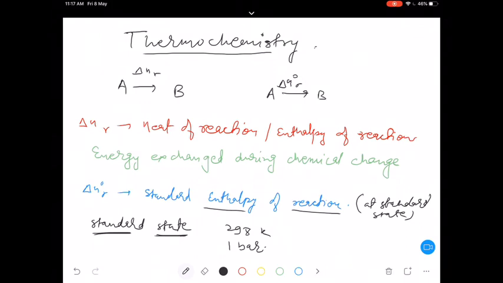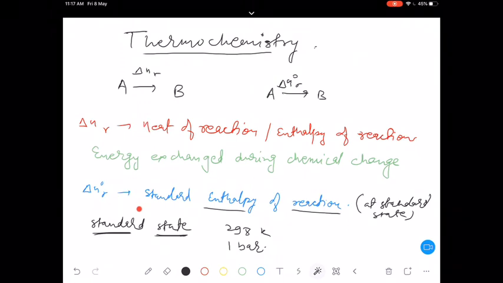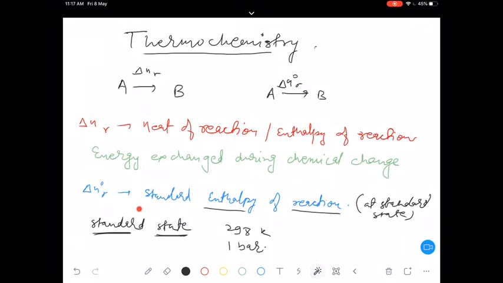Okay, up to here no problem, I guess, right? Now for elements or for different compounds, different standard states will be there. That's what we are going to discuss. This standard state will be different for different reactants and products, right?